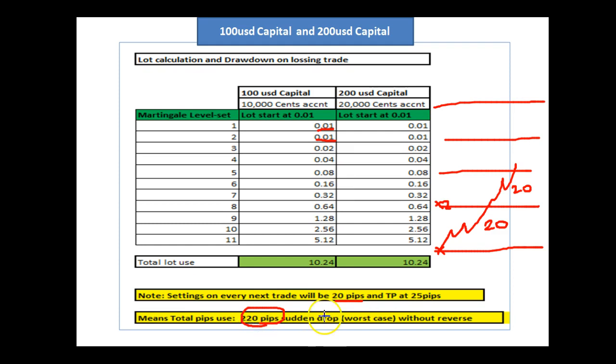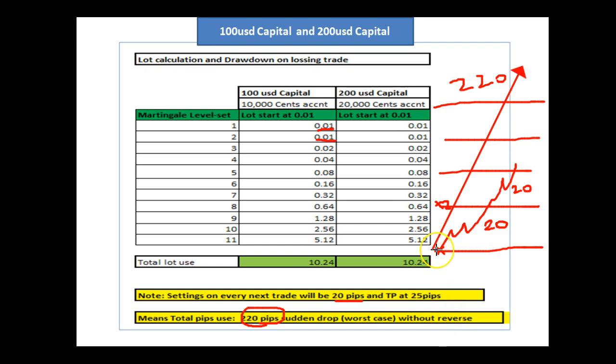Let's say from here down to here is equivalent to 220 pips. That's a lot, 220 pips without reverse. That's why I put it here: a 220 pip sudden drop is the worst case without reverse.